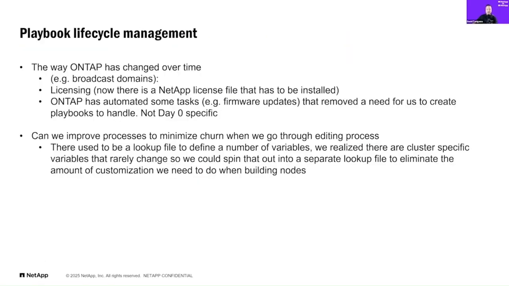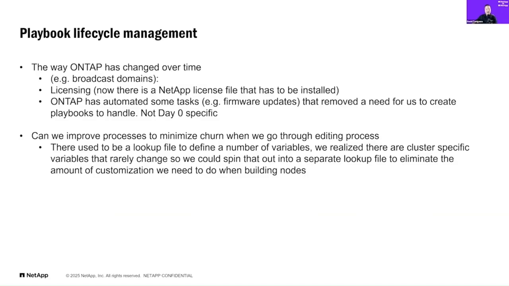As far as playbook lifecycle management, there's really 2 aspects that are involved in that on an ongoing basis. The first being adapting to changes in the way ONTAP works, particularly when you're doing the initial setup. So ONTAP used to have individual license keys for different protocols and services. Now we have a single NetApp license file that we apply to the nodes.